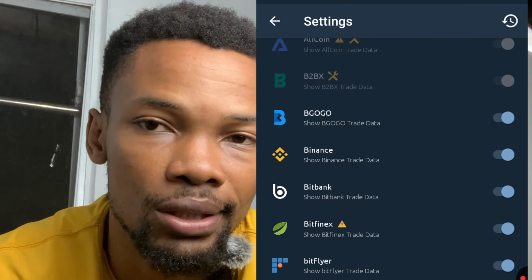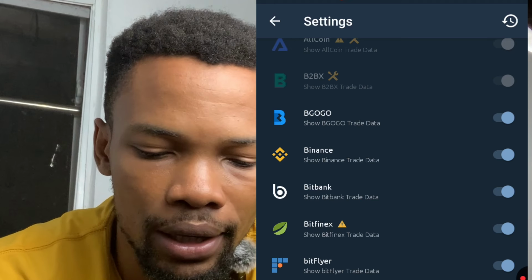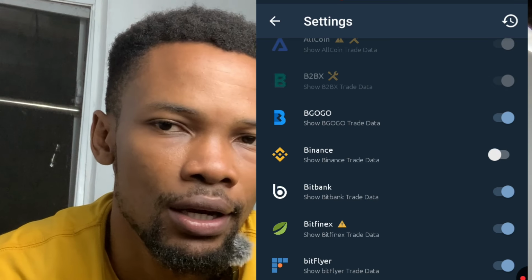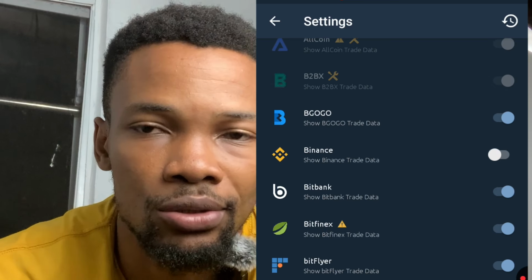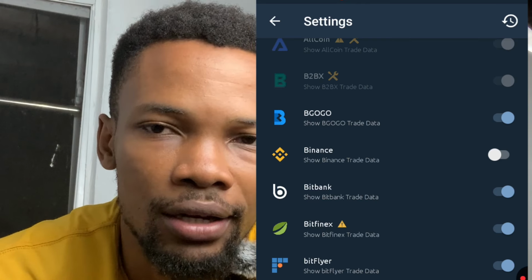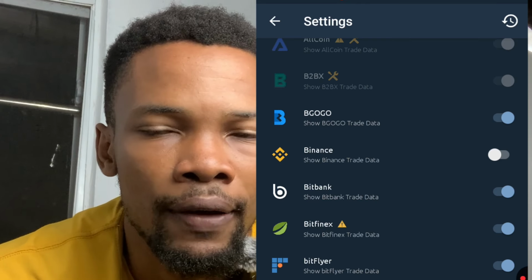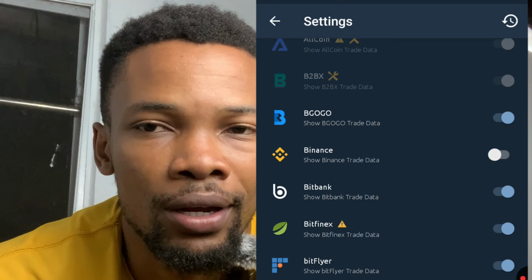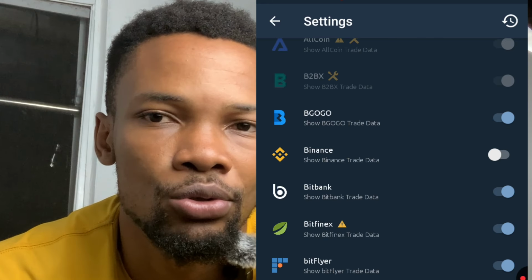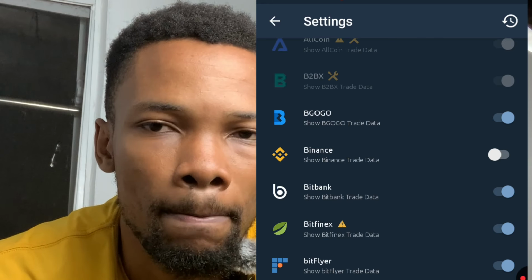Of course, exchanges are also here. If you don't want to trade with Binance, you can disable Binance, so you will never see Binance again. Maybe because Binance is not in your country. For example, I'm in a country where Binance doesn't work, and I operate all my finance apps from where I am. I monitor and control my apps back there in Nigeria.